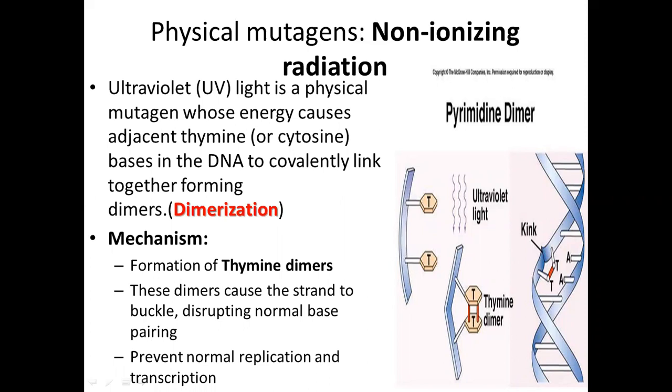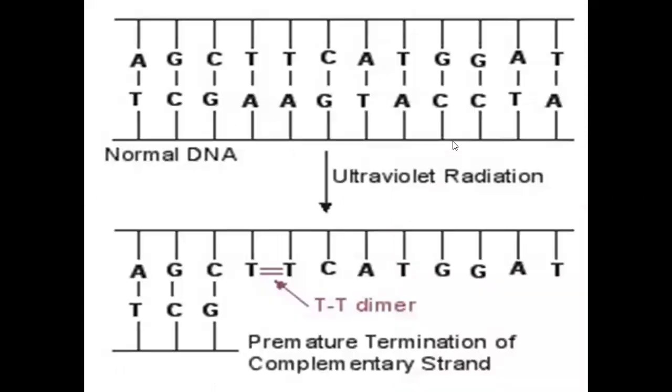This is simply illustrating the formation of a thymine dimer, which leads to the premature termination of the complementary strand. Remember, this is normal DNA, and through UV light, thymine and thymine here, due to the effect of the UV light, form a dimer. They are linked and joined together, making a T-dimer.